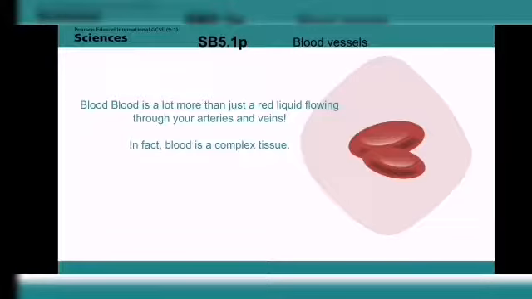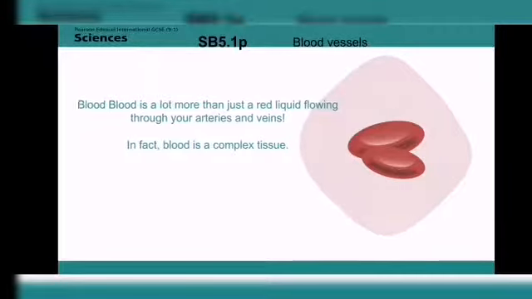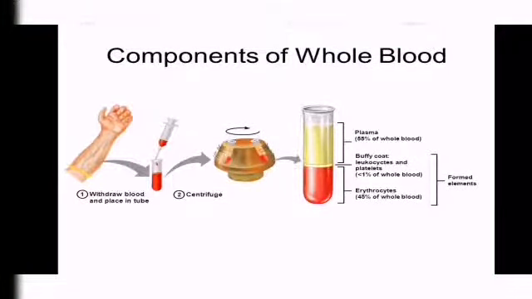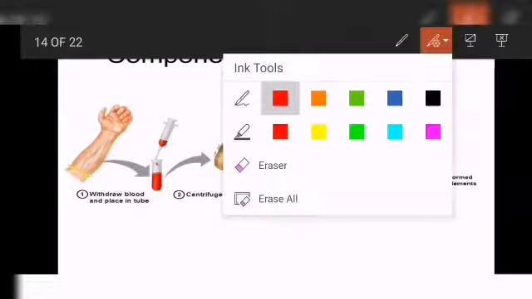In fact, blood is a complex tissue. If you take a sample of blood and spin it around really fast in a machine called a centrifuge. I will talk about this machine, the centrifuge.